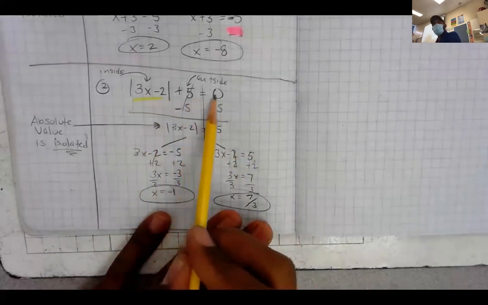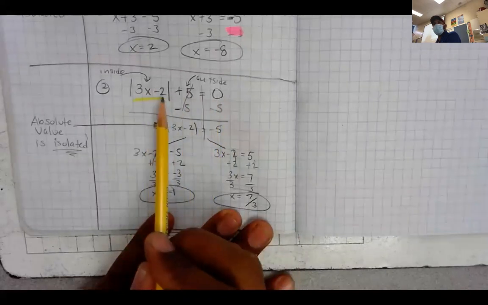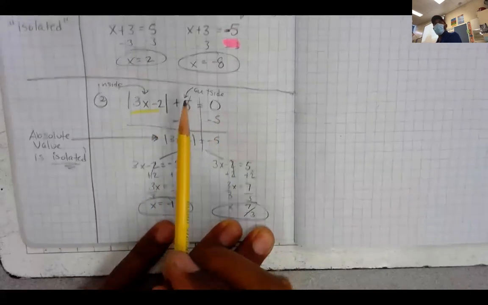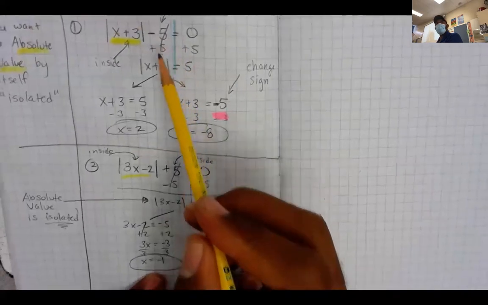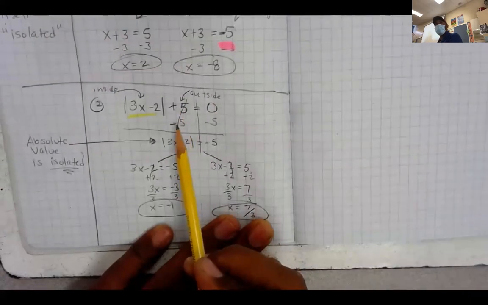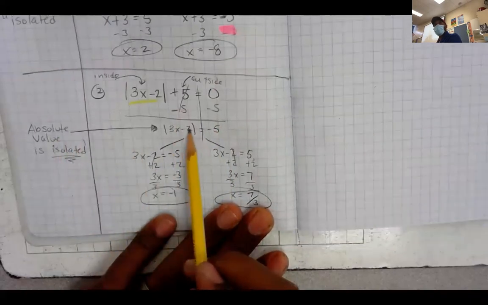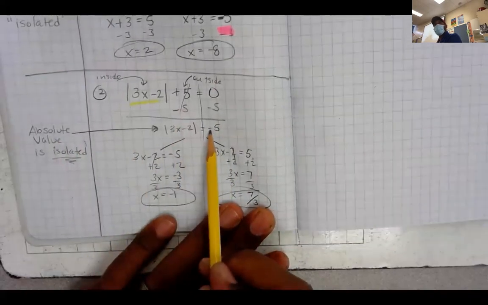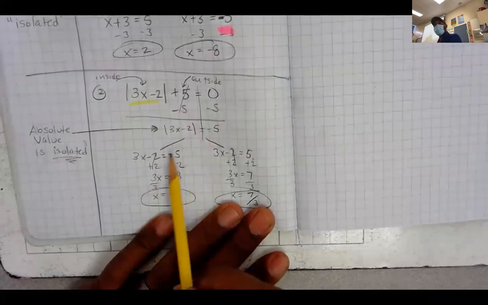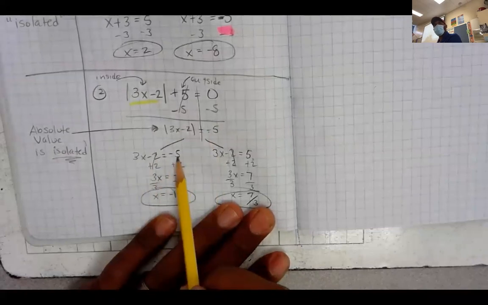Again, I set the second equation for absolute value. And again, the same thing like before. We had to get rid of that number on the right that's on the outside, which I subtracted this time. And then once we have the absolute value isolated, we have negative 5 on the right, which in the first equation I write as negative 5.